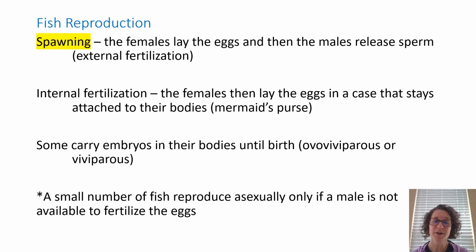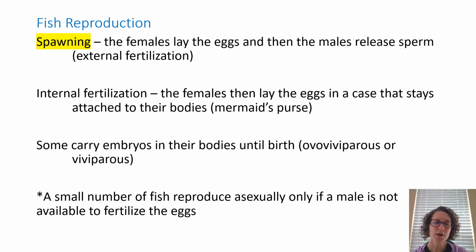Some carry live embryos in their bodies until birth, and this can be either ovoviviparous, and remember that means that the embryos are growing inside the female's body, but they are not receiving any nutrients from her. Or they can be viviparous, which means that they are growing inside her body and she is in some way feeding them. I know it's very broad, but for fish reproduction, mainly you want to focus on remembering the spawning.